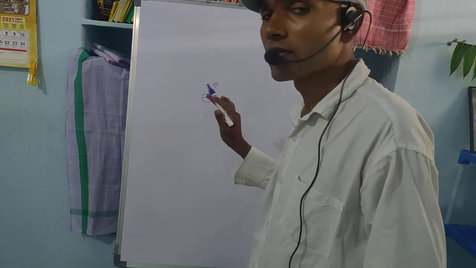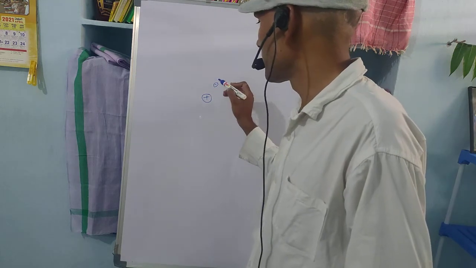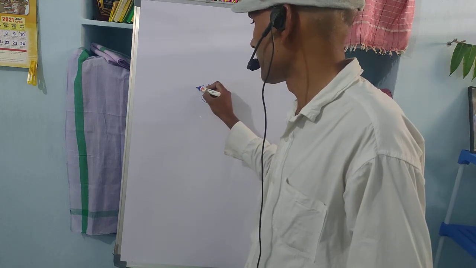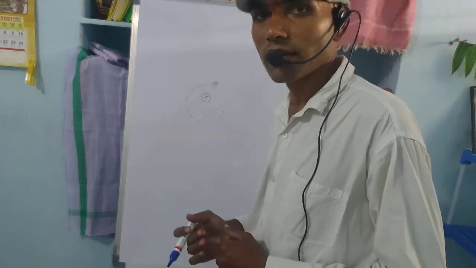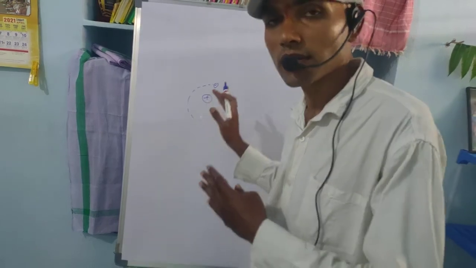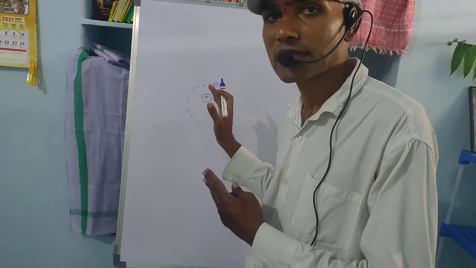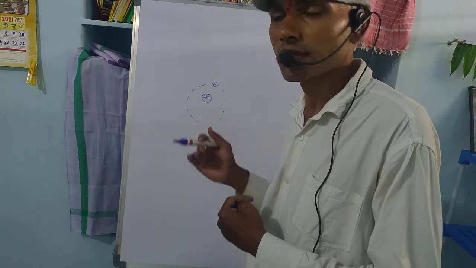And when the energy of the system is lowest, then this electron can exist in a spherical kind of orbit, we say. So this spherical shape is what we call the state of this system at lowest energy.